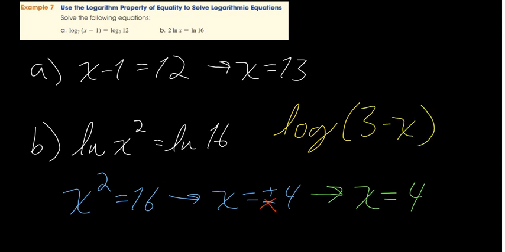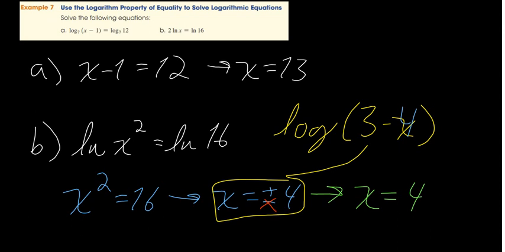So if we had log of 3 minus x, and this is just some arbitrary problem, and we got the solution x is equal to positive and negative 4. Well, in this particular case, the +4 would not be the solution, and the -4 would be. Why? If we plugged in a +4 here, 3 minus 4 is a -1, and the log of -1 does not exist.